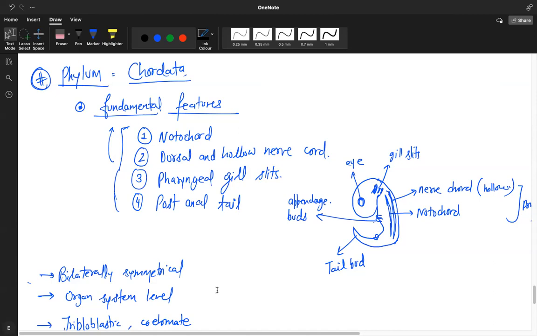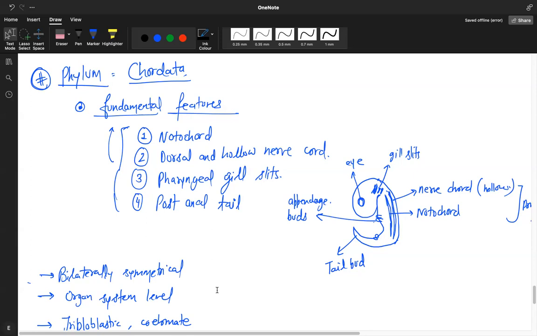Third is pharyngeal gill slits, and these gill slits are paired. And fourth is post-anal tail. Now here a question arises: humans are chordates, so where are the tail and gill slits? At the initial phases, the human embryo has gill slits and a tail, but later on they disappear, right?